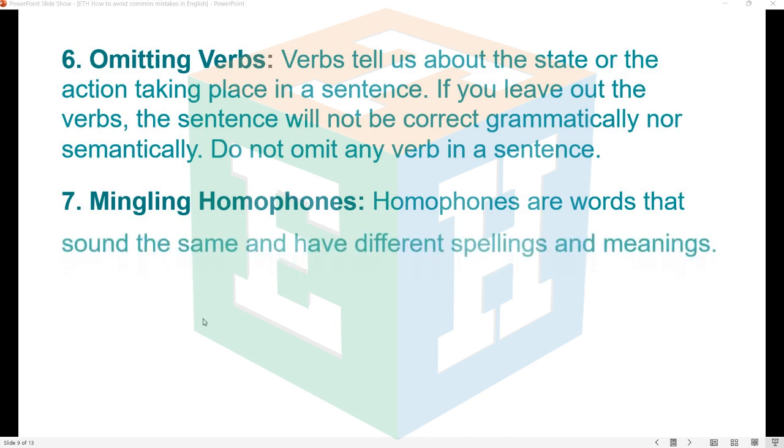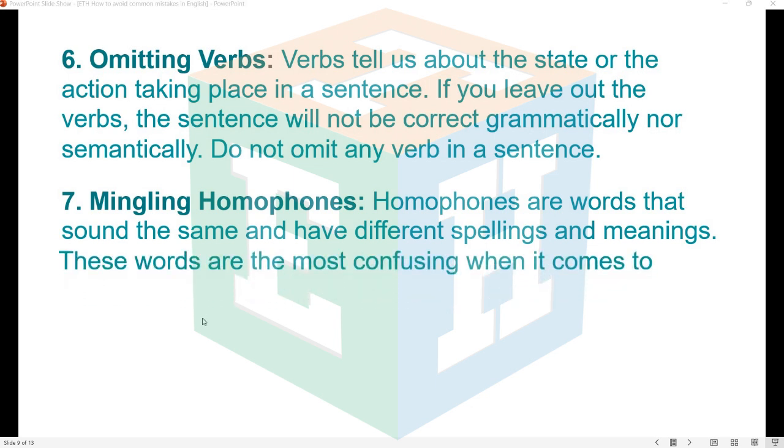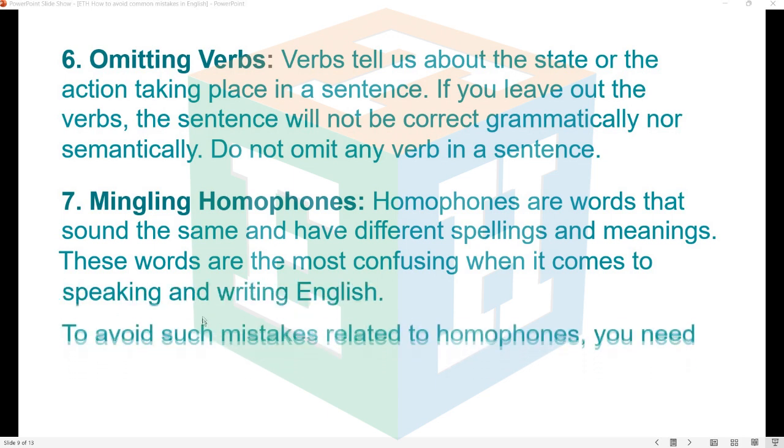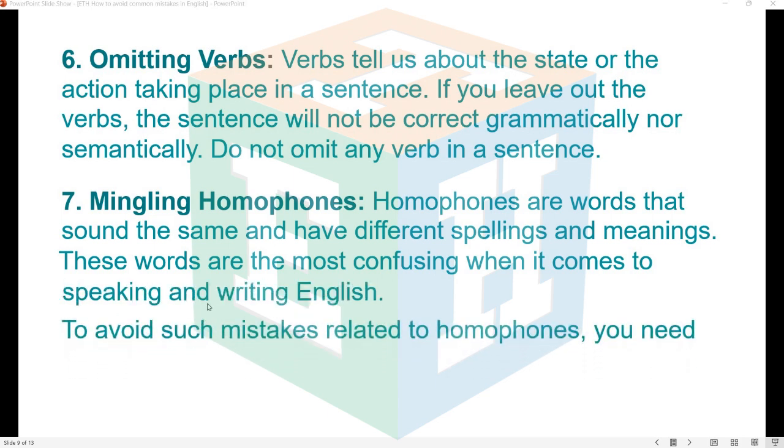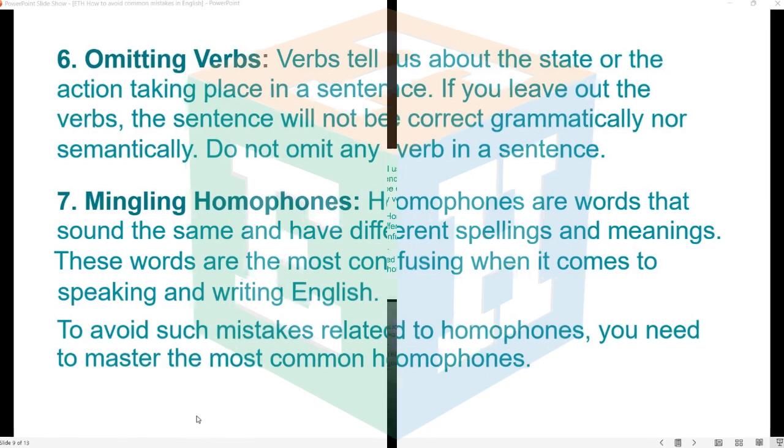Homophones are words that sound the same and have different spellings and meanings. These words are the most confusing when it comes to speaking and writing English. To avoid such mistakes related to homophones, you need to master the most common homophones.